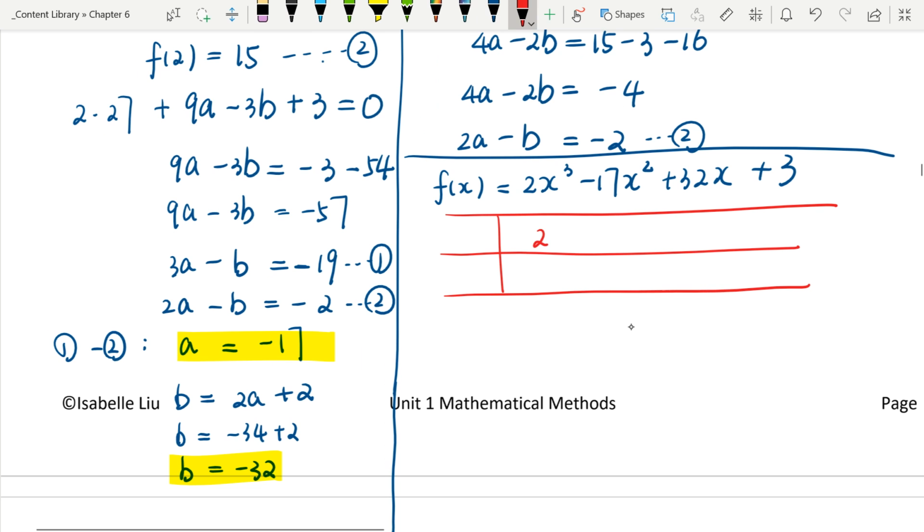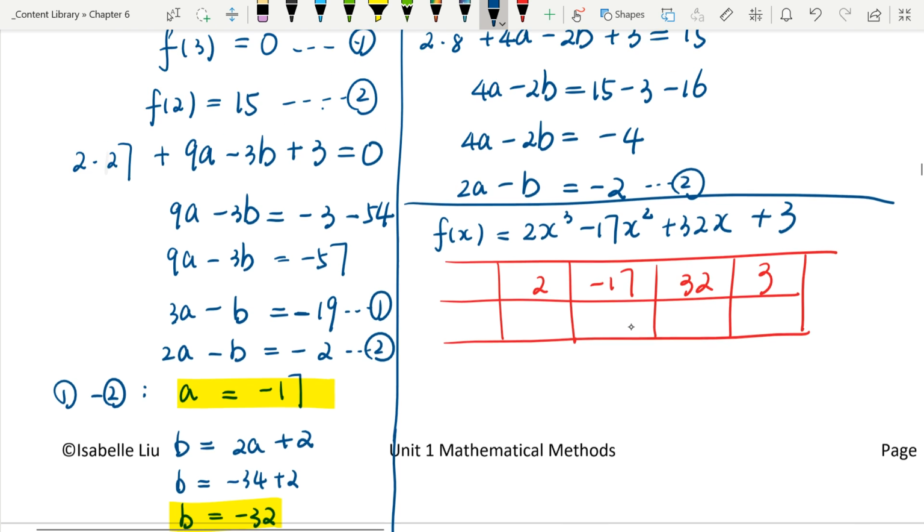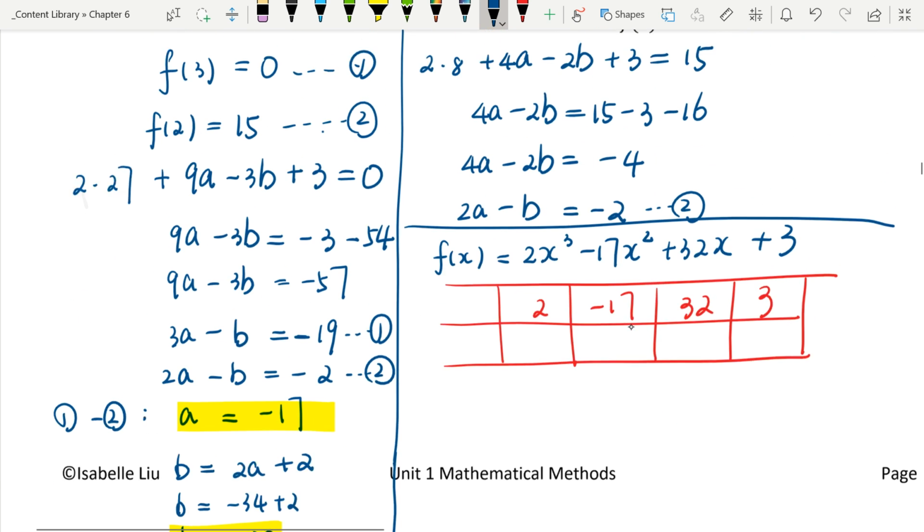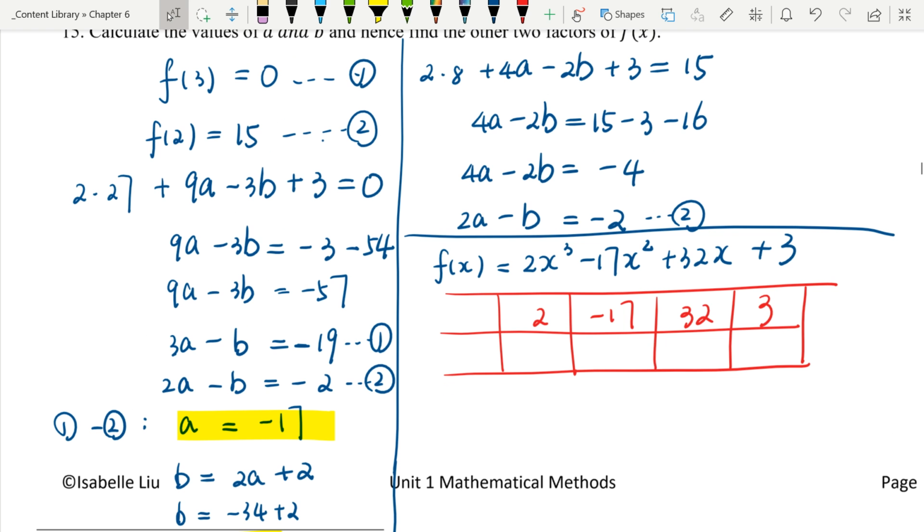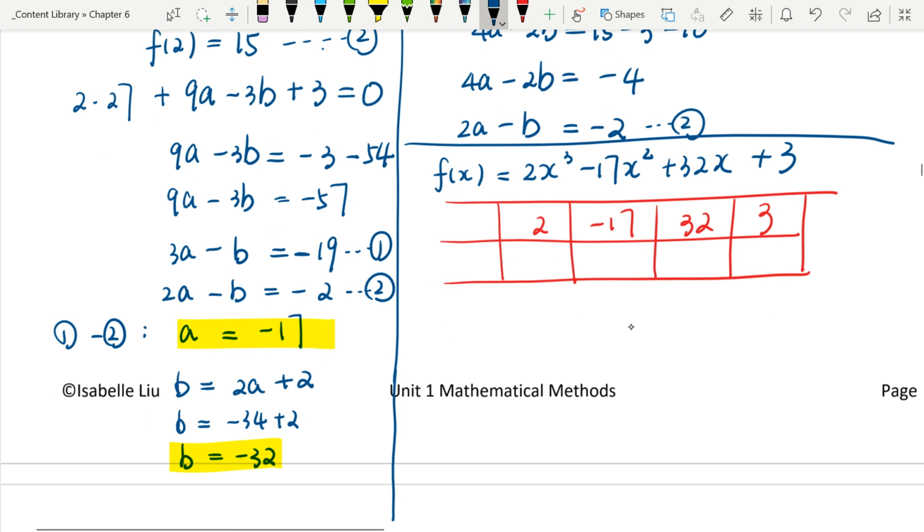So we have 2, minus 17, 32, and 3. What should I put here? Not minus, it's x minus 3 is a factor. So I should put 3 here. 3 is a solution.